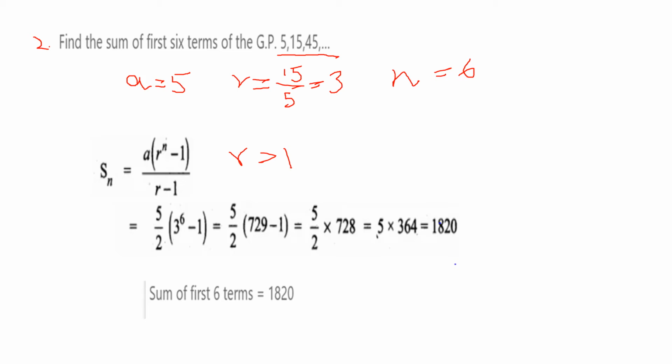So A is 5, 5 by 2, 3 to the power 6 minus 1. 3 to the power 6 is 729 minus 1 equals 728. So you cancel with the 2 table. So 3, 6, 4. So 5 into 364, 1820. Therefore, sum of first 6 terms equal to 1820.